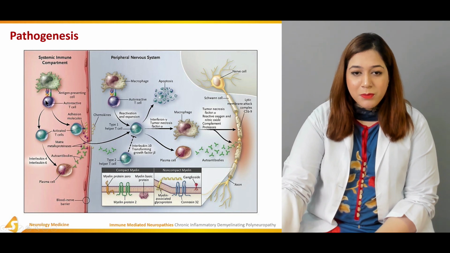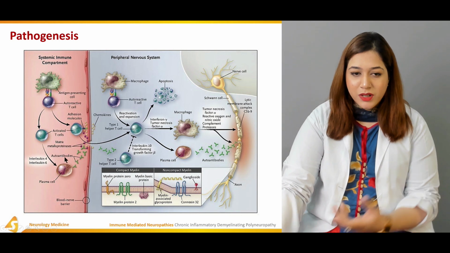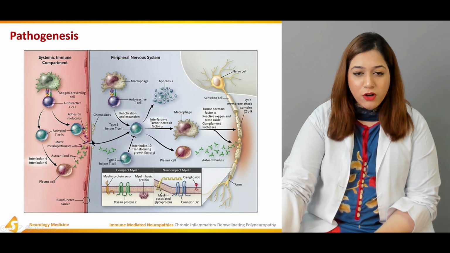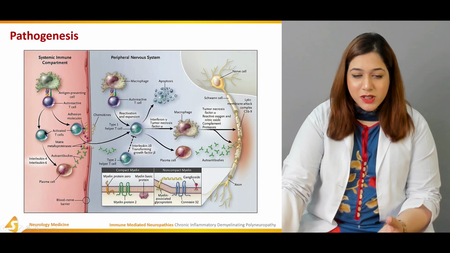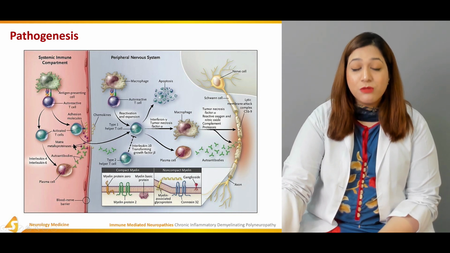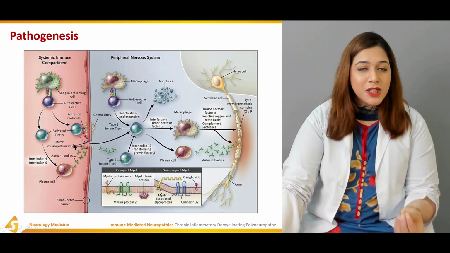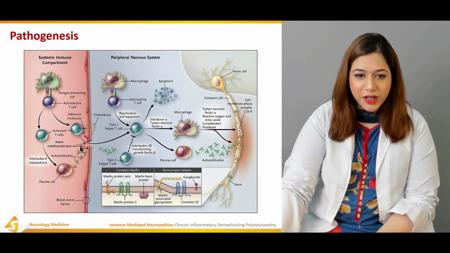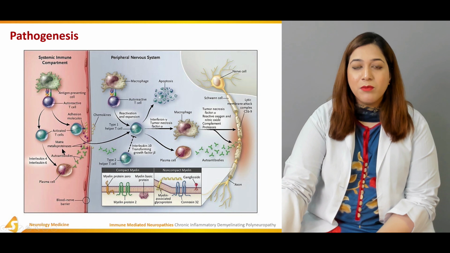Now, what happens is these activated T lymphocytes can cross the nerve-blood barrier. This is the blood-nerve barrier. These activated T cells can cross this barrier in a process involving cellular adhesion molecules, such as intercellular adhesion molecules or vascular cell adhesion molecules, matrix metalloproteinases, and certain chemokines.